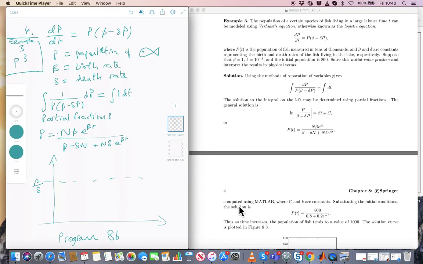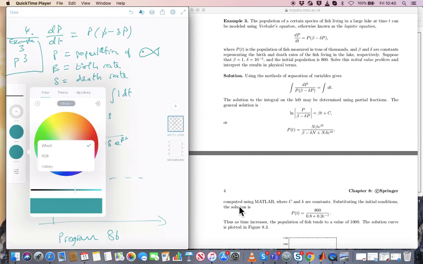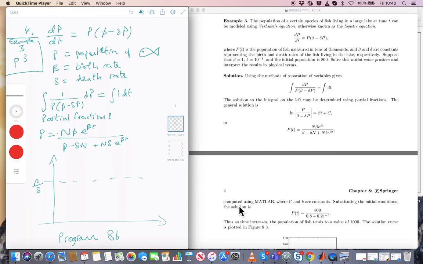We're going to change the color now to get the solution curves, and we'll use red. If we start with a population, say down here, then the population will rise exponentially and reach this ceiling, this carrying capacity. If we were to start above, then the solution curve would come down, and again we go to the carrying capacity.